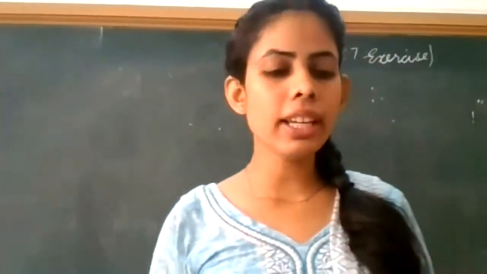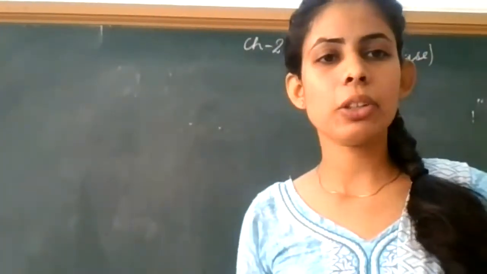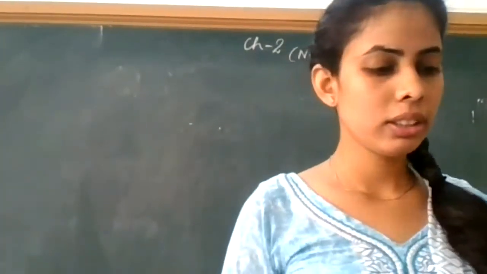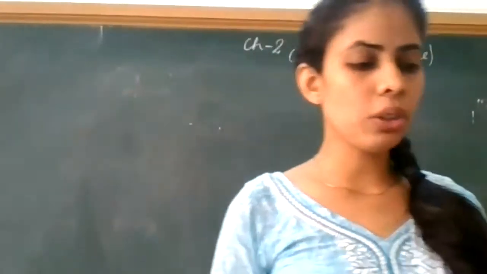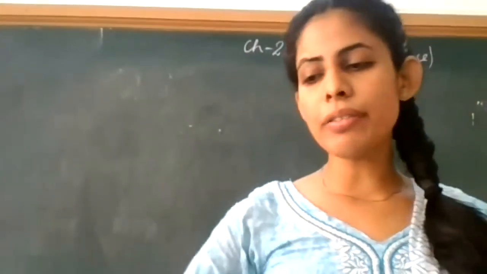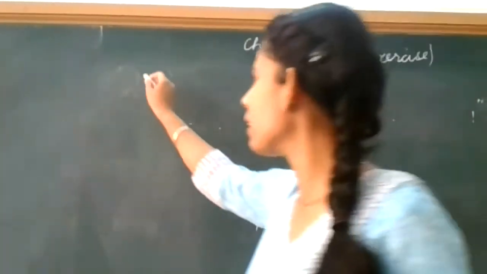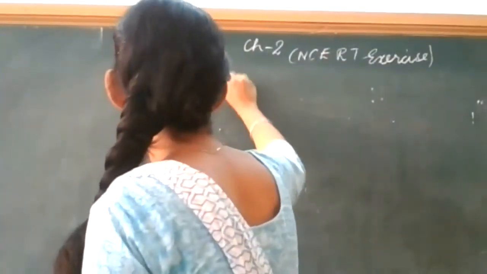Very good. So it is unicellular. But humans are unicellular or multicellular? Multicellular. So now, firstly, we will discuss the point of similarity. Then we will come to the difference part.